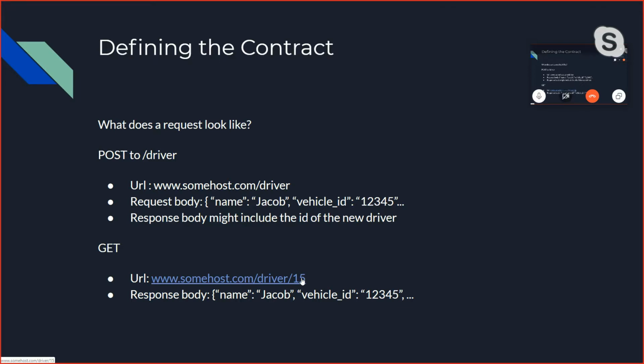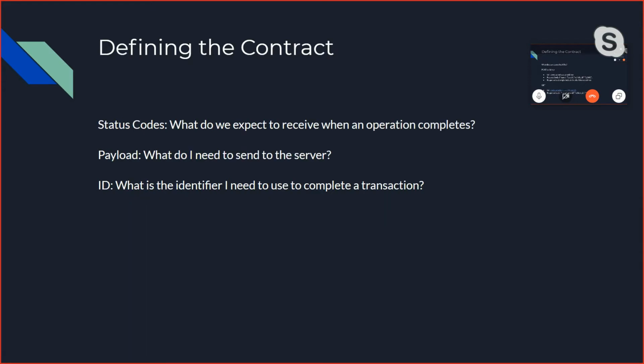So again, this is that request response cycle. I am giving the server, or web service rather, some information, and it is giving me a response based on that information. So the things then that we want to make apparent in the contract: status codes, we want to define very carefully the data that are involved in those payloads and whatever identifier we need to make the transaction happen.